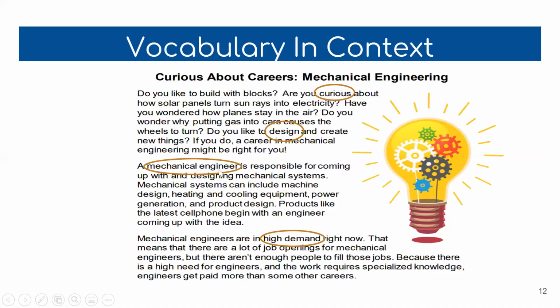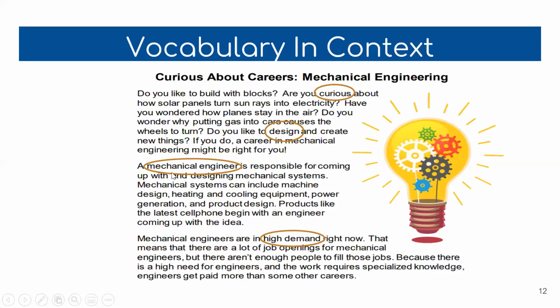This is a concept of a role of a person, a mechanical engineer. Well, based on how this paragraph is written, the author is giving us a general sense, a definition, as well as some examples as to what a mechanical engineer is and does.